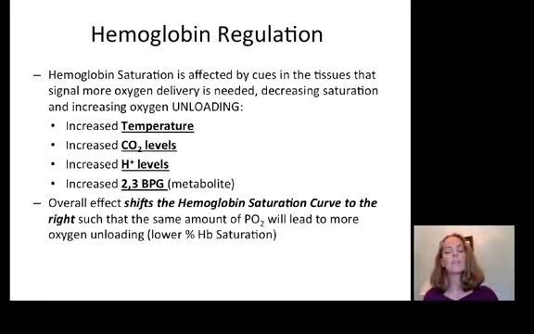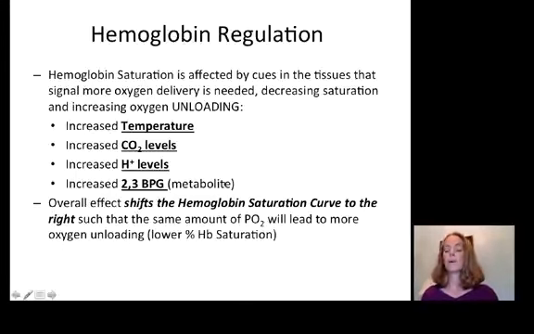A tissue that is really, really active is going to have increased temperature, increased carbon dioxide, increased acid, and increased metabolites. All of these things are going to go up in active tissues. So now the hemoglobin is not only going to drop off oxygen with respect to the oxygen levels, it actually will shift its behavior and become even more generous in highly metabolically active tissues.